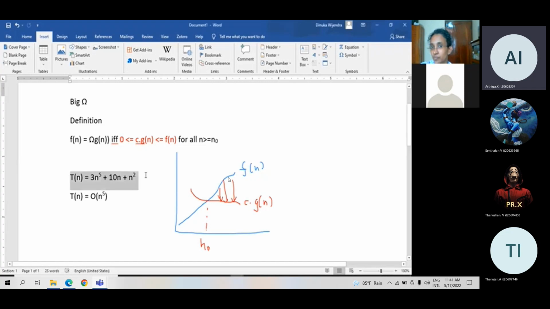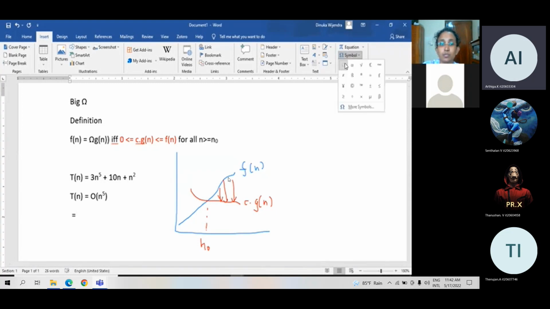For the same equation, now you know that big O value is n5. If I am asking what is the omega value, what would you say? What is the omega value? What would you say for the same question? Anyone quickly answer me?